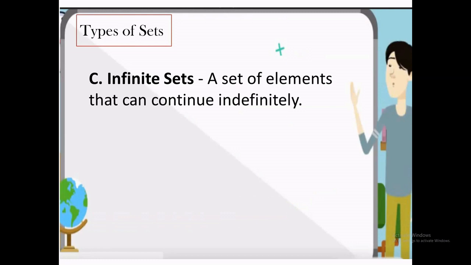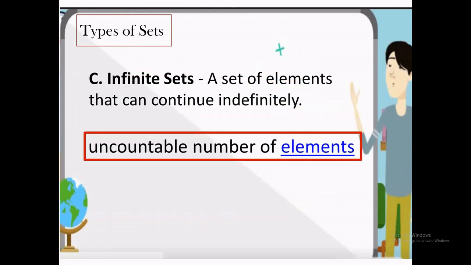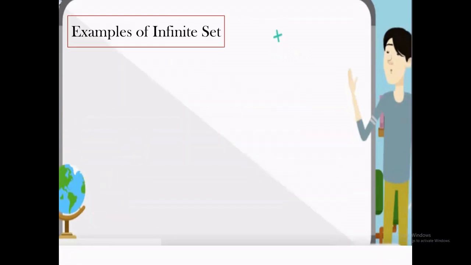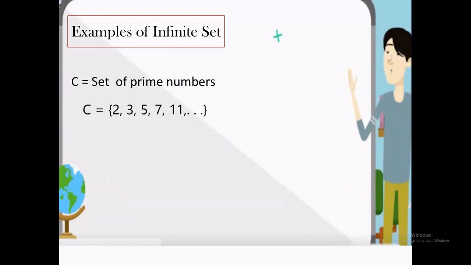Infinite set. These are sets of elements that can continue indefinitely, with an uncountable number of elements. Let's say the set of prime numbers: 2, 3, 5, 7, 11, and so on.